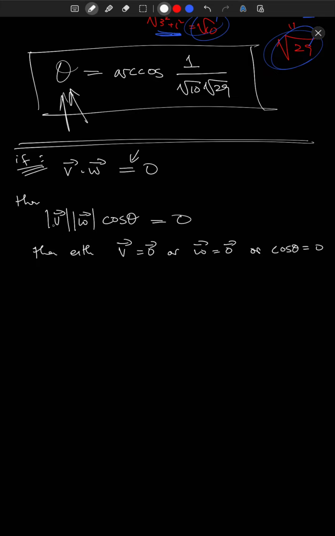Because if v is the 0 vector, the length of v is 0. If w is a 0 vector, the length of w is 0. And of course, if cosine theta is 0, then this whole thing is 0. So if I know v and w are actual non-zero vectors, then cosine theta has to be 0.